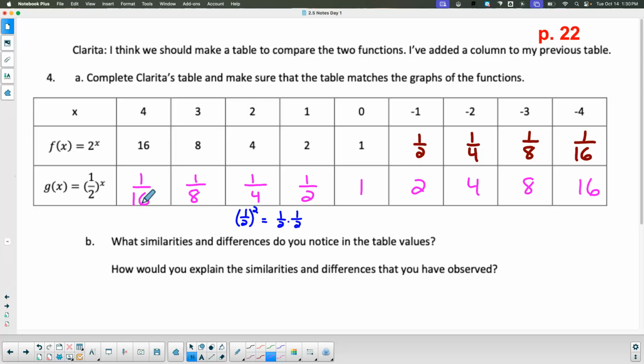Because guess what? The fractions are flipped. 16 reciprocal is 1/16. 8 reciprocal is 1/8. 4 reciprocal is 1/4, and so on and so forth. 1/2 reciprocal is 2. So I wanted to make sure which flip you meant, because both actually worked out. Any differences?